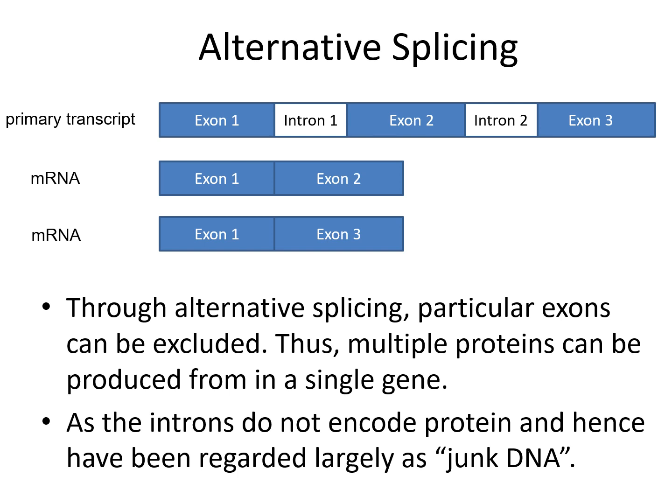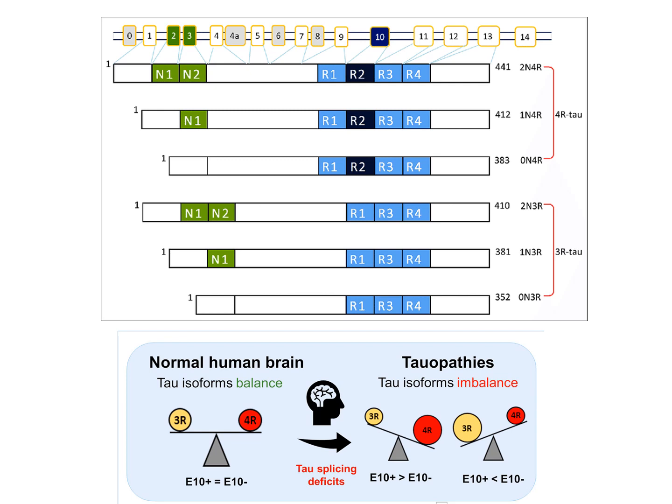It's a selection of the exons to build a variety of different proteins from the same sequence in the DNA. This becomes very important in several disease developments.